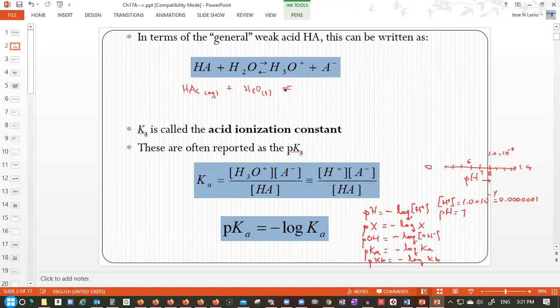In equilibrium, remember this is a weak acid, H3O plus aqueous plus the acetate ion. And we know the Ka of this acid. The Ka of this acid is 1.8 times 10 to the negative 5.